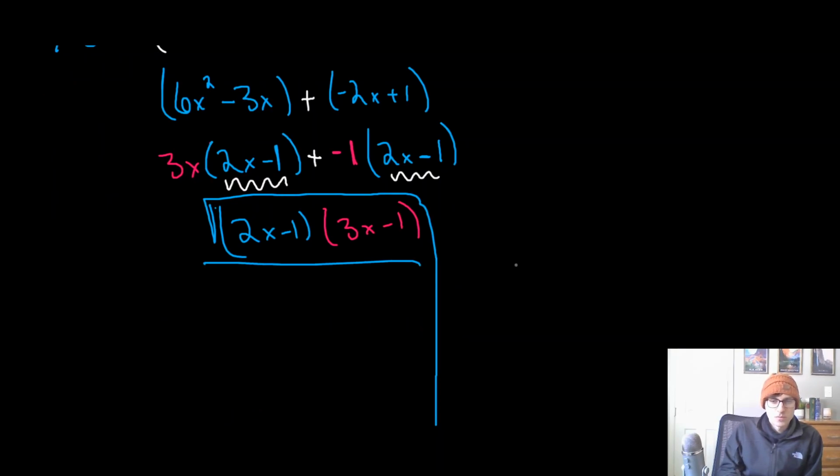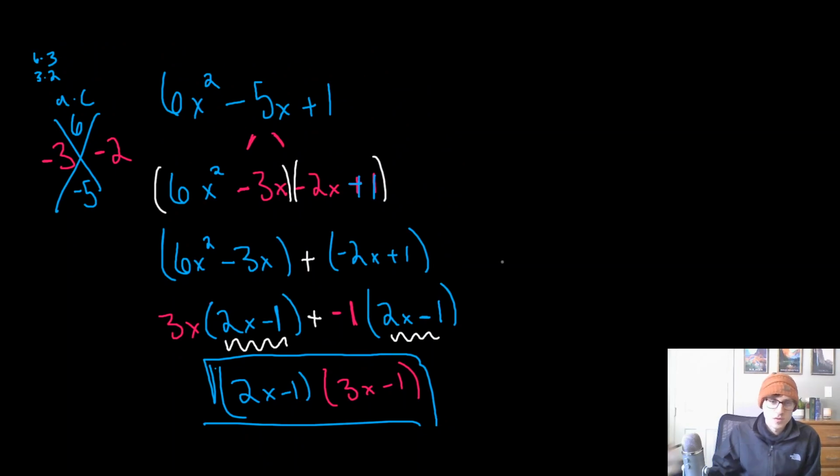Maybe it would be helpful if we actually showed that, if we went in reverse, right? Showed that it's the same thing. So if I had 2x minus 1 times 3x minus 1, right?